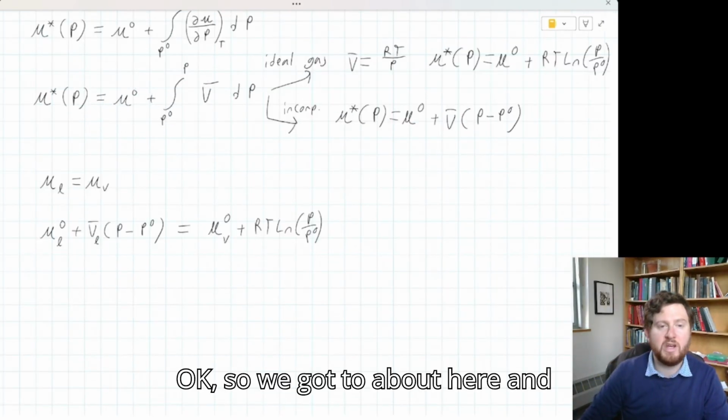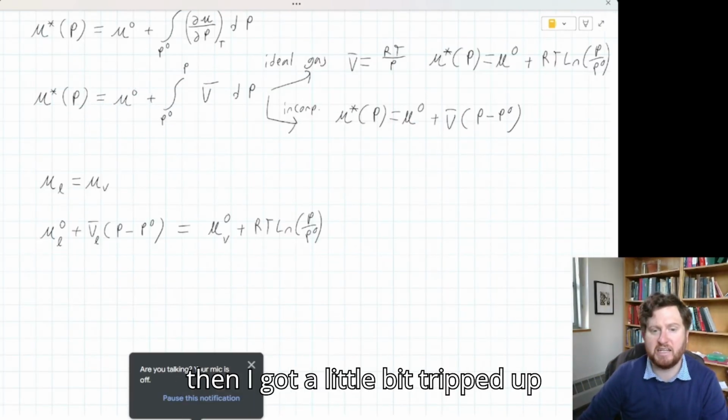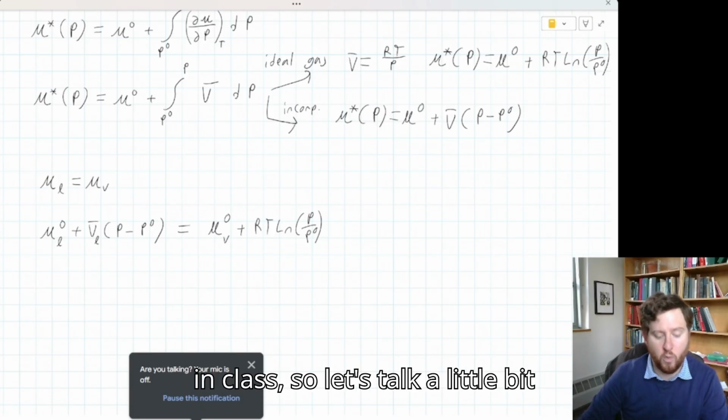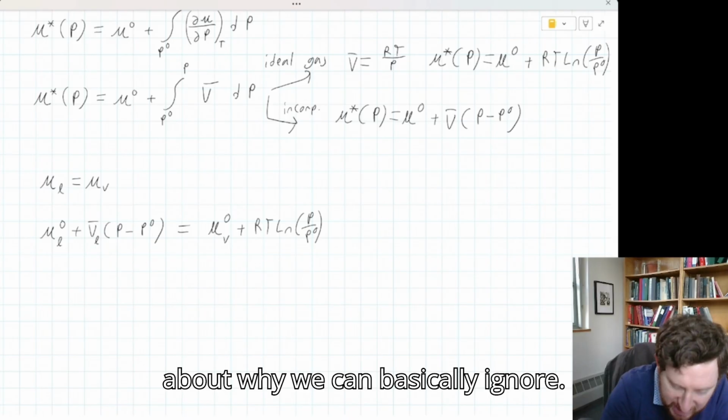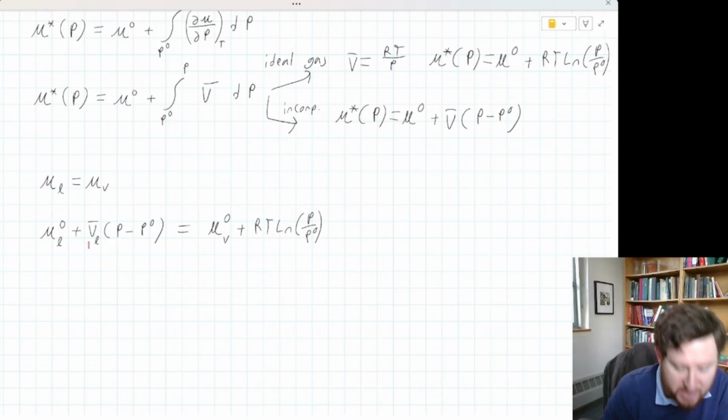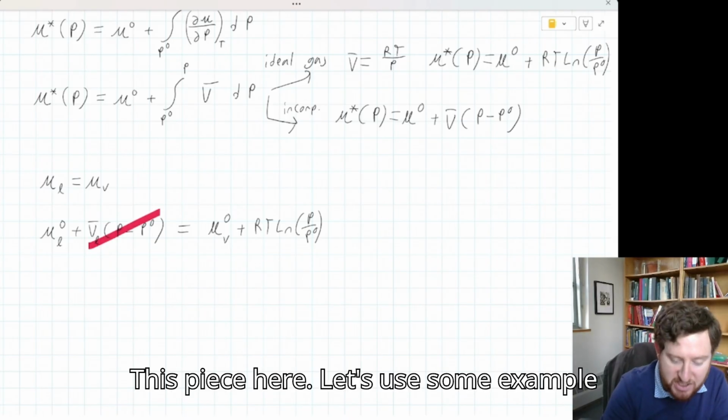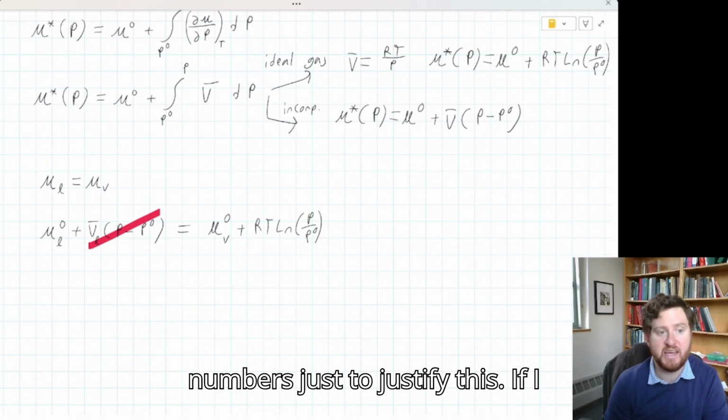Okay, so we got to about here, and then I got a little bit tripped up in class. So let's talk a little bit about why we can basically ignore this piece here. Let's use some example numbers just to justify this.